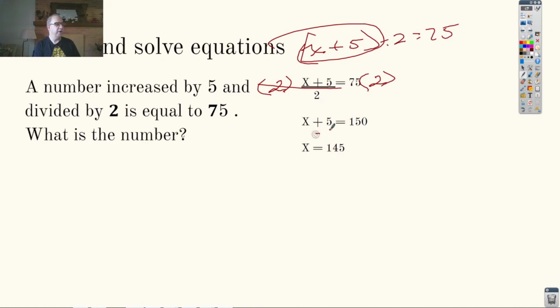Then I can subtract 5 on both sides, so x equals 145, and the number is 145. So I can check this by saying 145 increased by 5 is 150. Divide by 2 is 75.